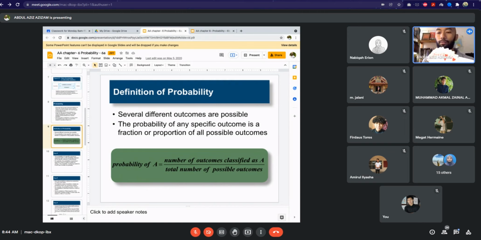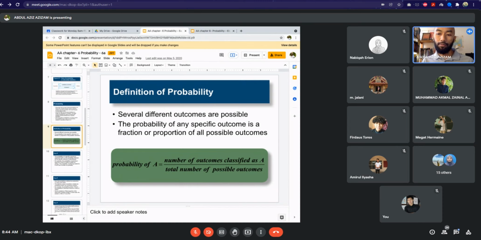Then you can dapat the probability. Kebarangkalian untuk you pick randomly daripada satu deck ni untuk you dapatkan kad heart saja, 11 bahagi 54 sama dengan 0.203.